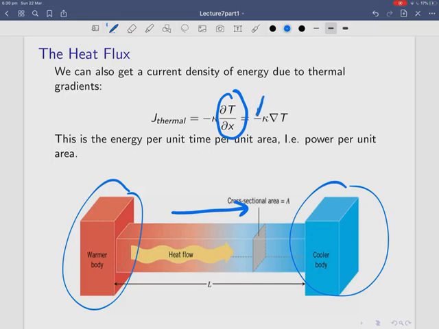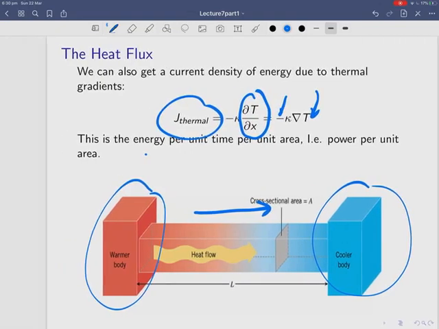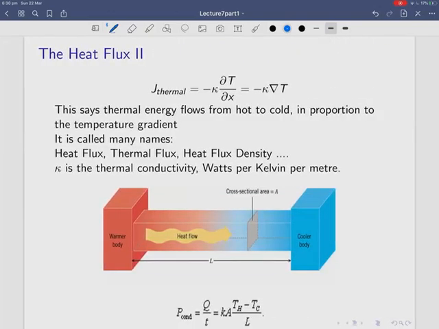So there's a negative sign here. It's proportional, at least if the temperature gradient is not crazy, to the gradient of temperature. And the thermal energy flux is the energy per unit time per unit area. It's the power per unit area, if you like. So that's what the heat flux is. Okay. So that law tells you something which is bloody obvious, which is that heat flows from hot to cold in proportion to the temperature gradient.